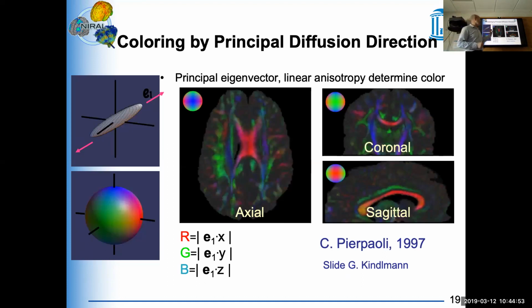Also, you can get very used to looking at these if the data is aligned to a more standard space, or if the subject has a very nicely aligned position in the scanner. But as soon as the subject turns their head a little bit, these colors will start looking really strange, because those orientations are relative to the scanner coordinate system, not to how the patient's head is oriented.